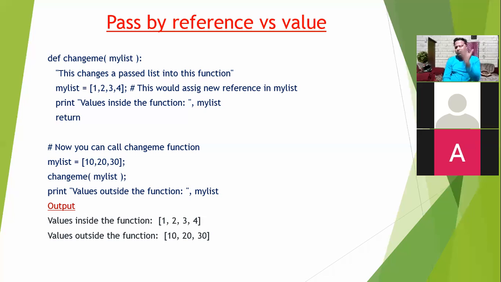Means directly I'm passing a value, I got the result. Normally when you are using a function, pass by value is a default mechanism through which you are calling a function.